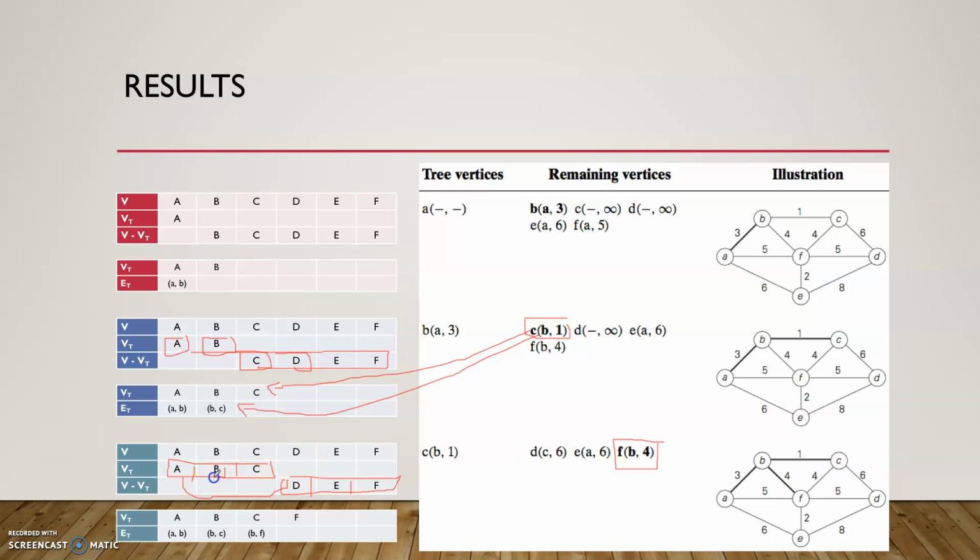So it takes this VT value with this vertex and the resulting sublist, and it uses that as the smallest edge. It takes the F vertex and adds it to VT, and adds the BF or FB edge and adds it to ET.